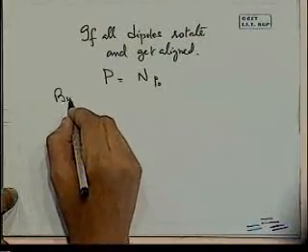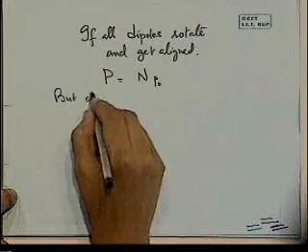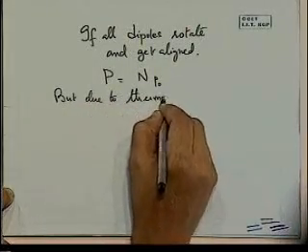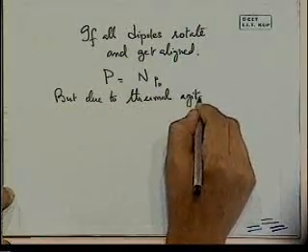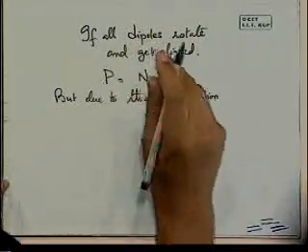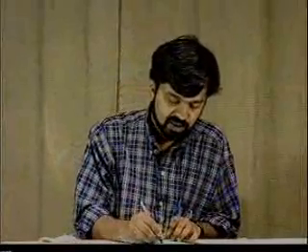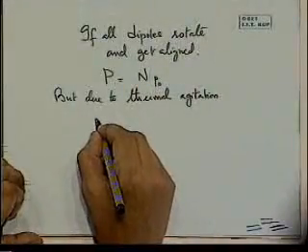But due to thermal agitation, not all will get aligned. So there's two competing effects here. One, the field that is seeking to align it, and one that is thermal agitation that is seeking to destroy the alignment and make it randomized. So we end up with some average value.